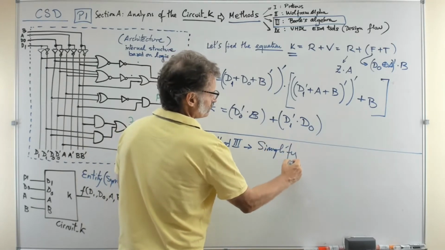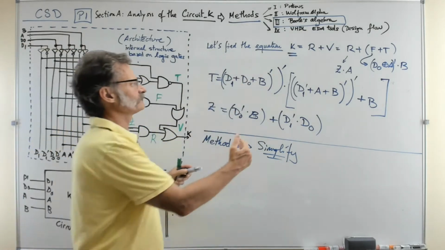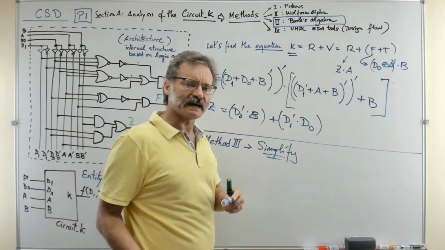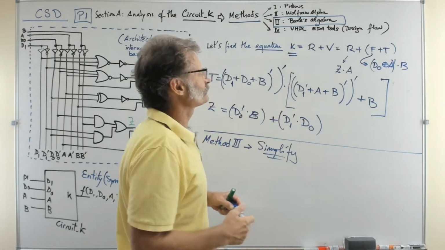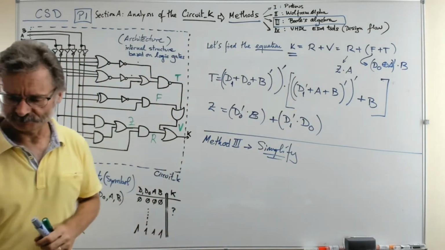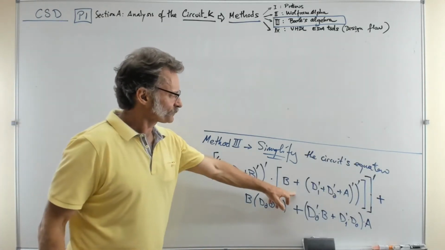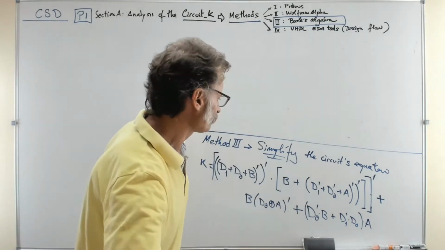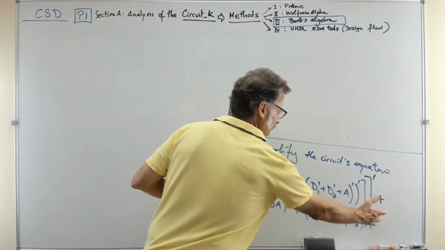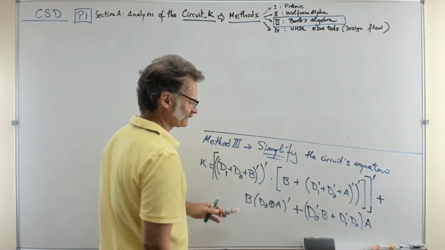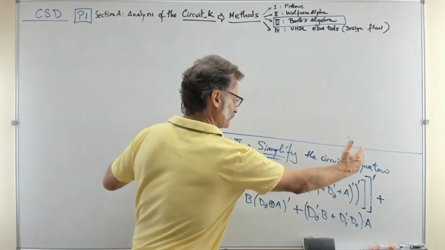All right, we will try to simplify this equation, thinking about and applying Boole's algebra postulates and theorems and the like. So this is the equation that we will simplify in some way or another using Boole's algebra. So this was the T, and you know the other terms, the Z, the R, and the F. So in the end you have this expression.